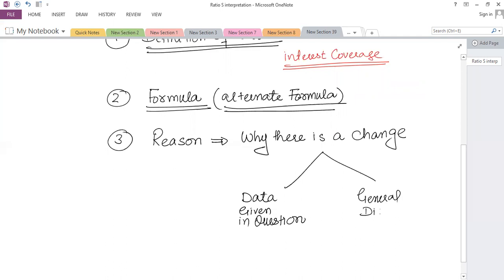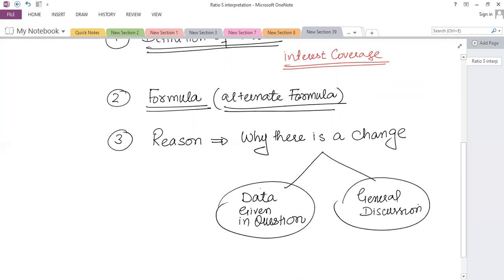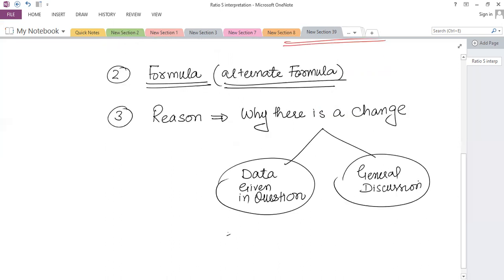Like for example, if you are talking about the profitability of the business, we know why profitability goes down. There is an obvious reason for the fall in profitability, and that is the expense. Suppose there is a fall in GP margin, so the obvious thing that comes to my mind is cost of goods sold.